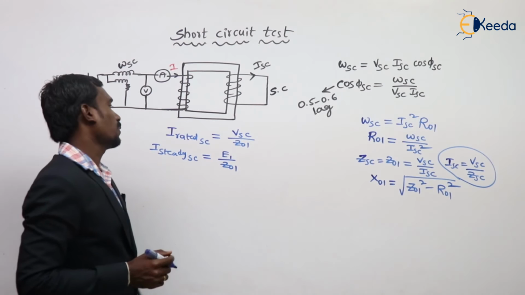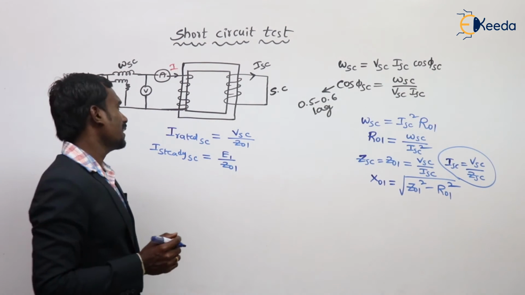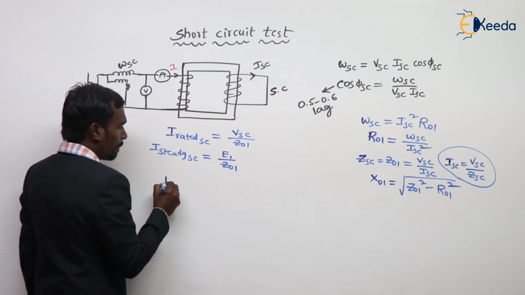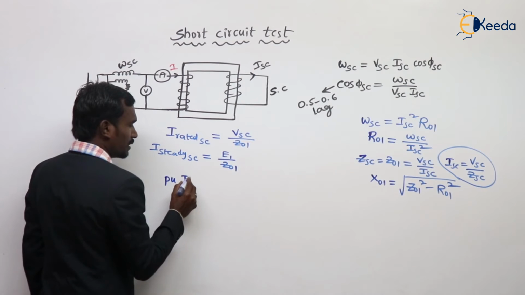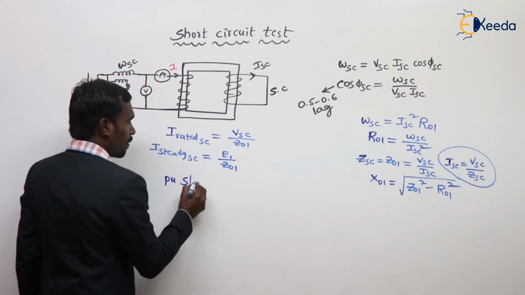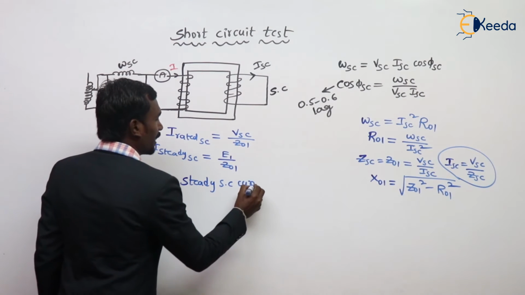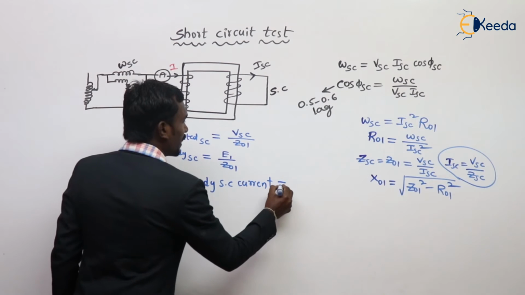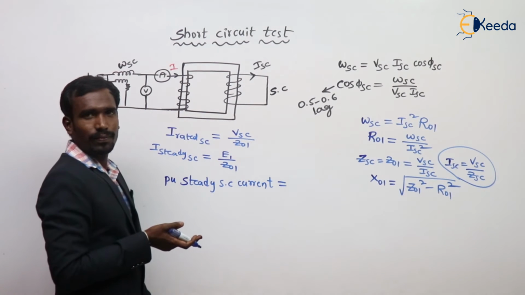E1 by Z01. This is the steady short circuit current. For example, I want the per unit steady short circuit current. Per unit current is equal to actual current by base current, right?